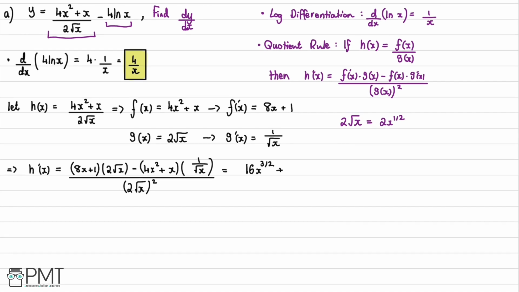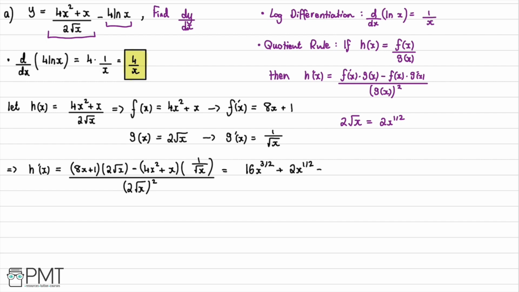So our next term, it's going to be 2 root x multiplied by 1. So we're just going to write root x in terms of powers, so we'll have 2x to the power of a half. And it'll become clear why we don't write root x and why we're writing 3 over 2 and 1 over 2, etc. As we'll see, things start to cancel out in a second.